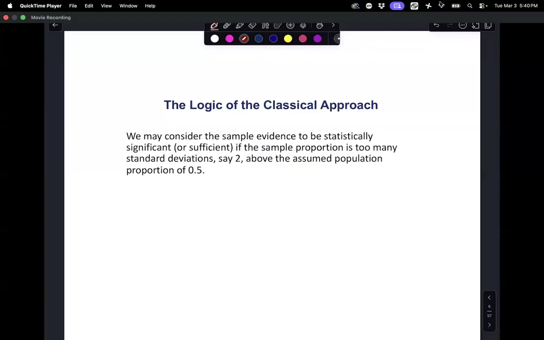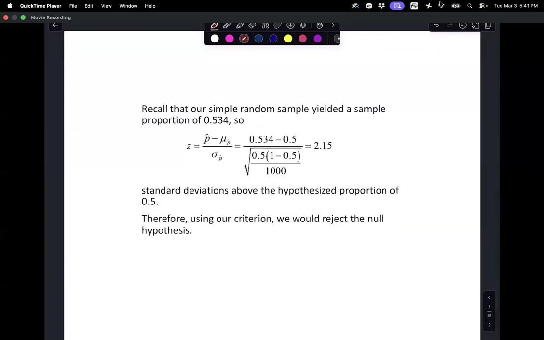2 is that critical value. So we're going to check: is my sample more than 2 standard deviations away from the mean? Based on the mean and the standard deviation that we just calculated, my sample has a z-score of 2.15.